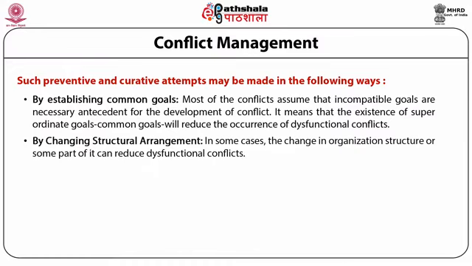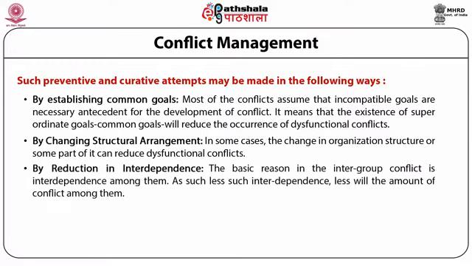By changing structural arrangements in some cases, the change in organization structure or some part of it can reduce dysfunctional conflict by reduction in interdependence. The basic reason for intergroup conflict is interdependence among them. As such, the less such interdependence, the less will be the amount of conflict among them.